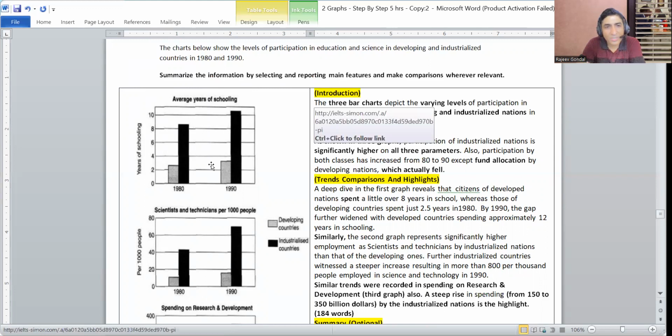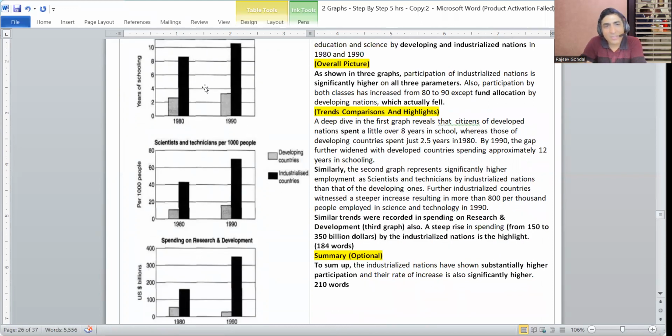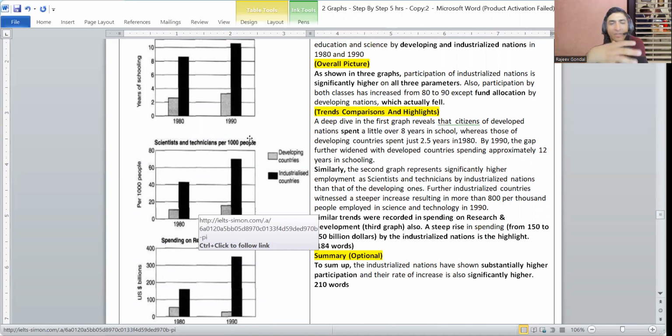The overall picture gives you a line or two of information about the three graphs. Whatever the observation is, as you can see, these black bars which represent industrialized countries are larger, and this is the case with all three graphs. So we can say this is an overarching piece of information, right?